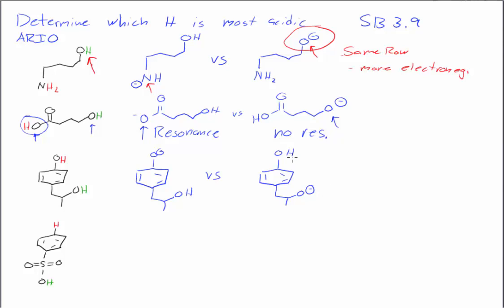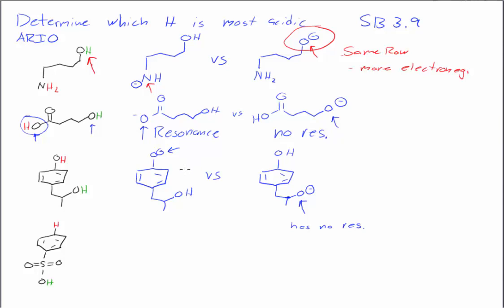Now these are both oxygens. They both have negative charges, so atom doesn't help us. Does resonance help us? Well, this O- has no resonance. And that's because this is a fully saturated carbon that it is attached to. It cannot accept any more hydrogens. There are no pi bonds, no adjacent lone pairs. There's nothing we can do with this charge.